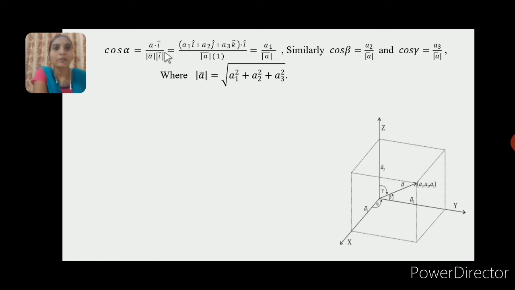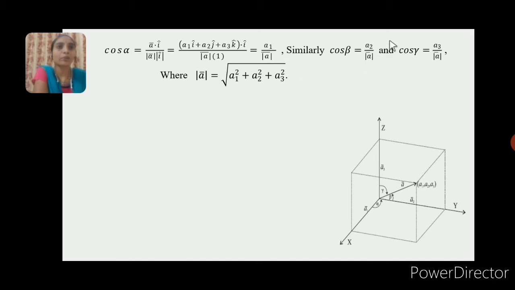I cap is unit vector, that is magnitude of I cap is 1, which is equal to, dot product of same vector is 1, that is A1 divided by magnitude of A bar into 1 is magnitude of A bar.